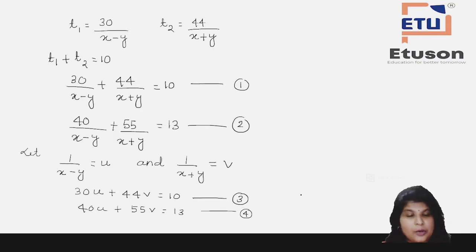Okay, so now I am again using the elimination method. I can use any method to solve it. So what I will do here, I will try to eliminate the u variable. To eliminate the u variable, can I multiply 4 to the first equation and 3 to the second equation? I can write, right?